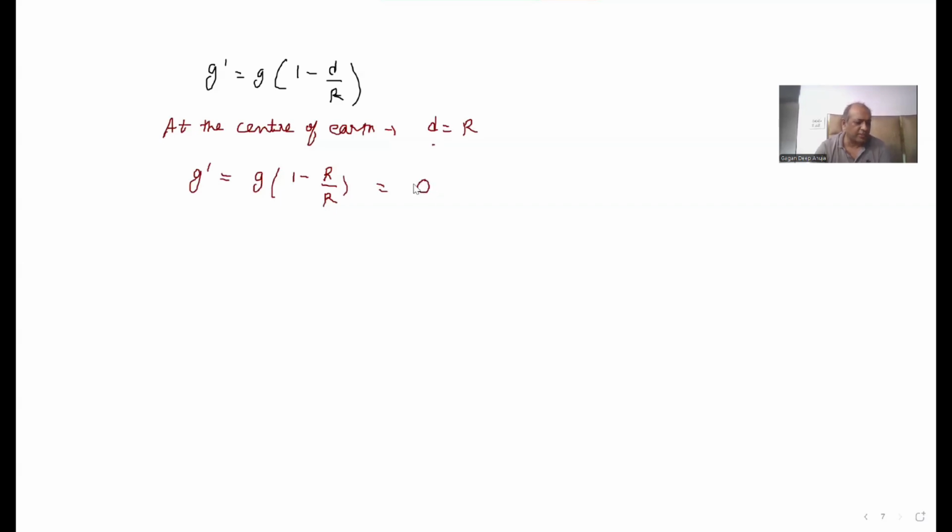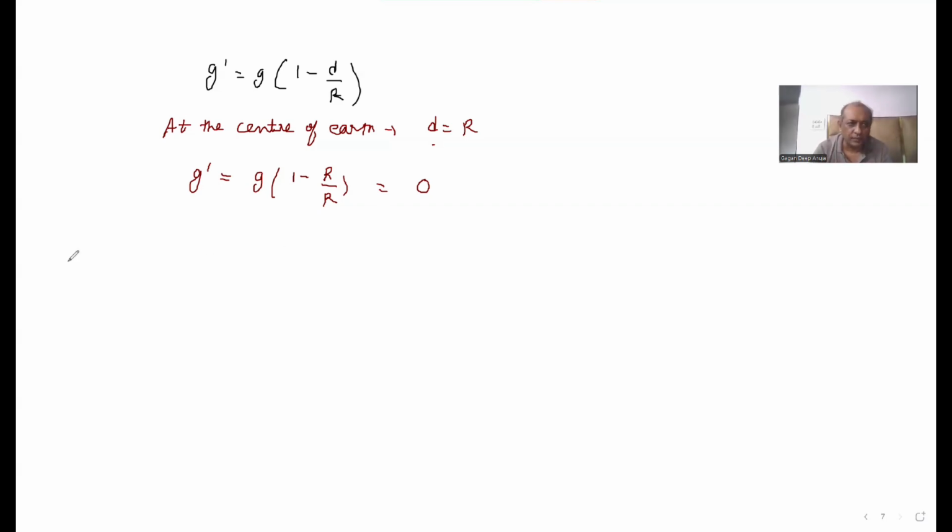So g dash at the center of Earth will be equal to 0. You can say that acceleration due to gravity at the center of Earth is 0. That means the weight of the body at the center of Earth will be equal to 0, and this condition is called weightlessness. Weightlessness does not mean that the mass of the body is 0. Weightlessness means that the acceleration due to gravity at that place is equal to 0.